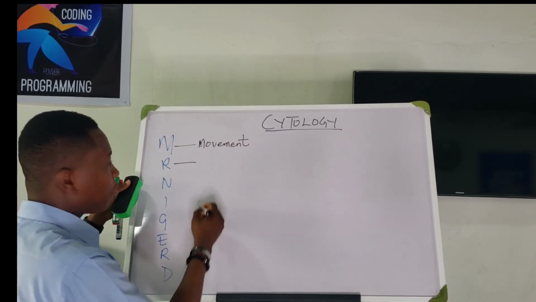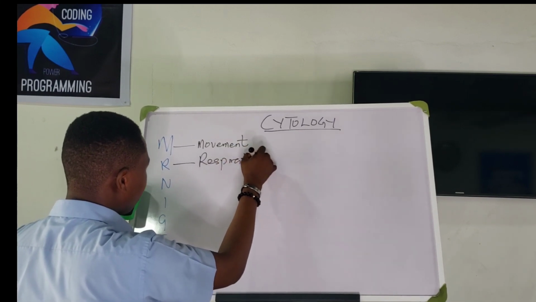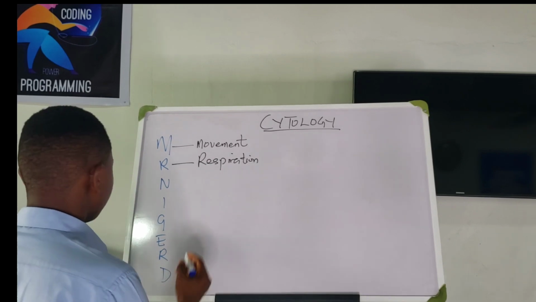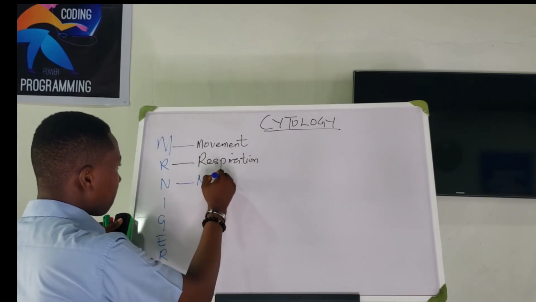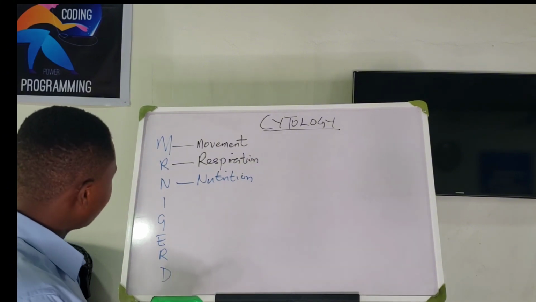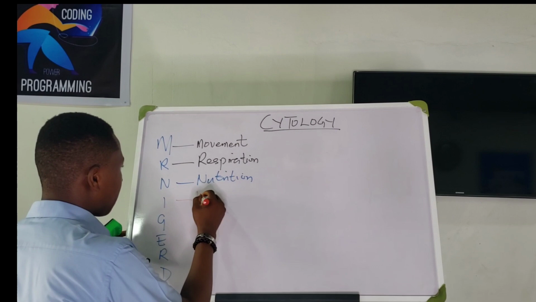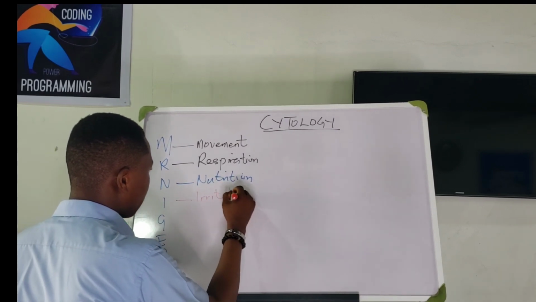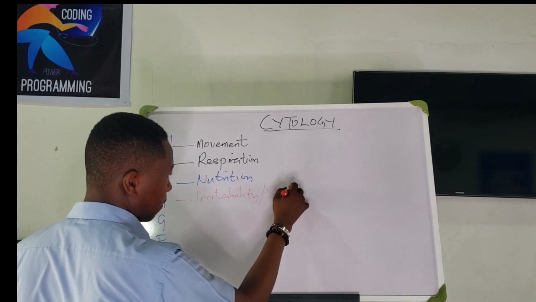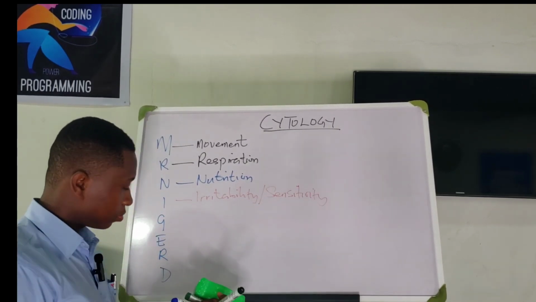R stands for respiration. N stands for nutrition. I stands for irritability, or you can say sensitivity, still the same thing.